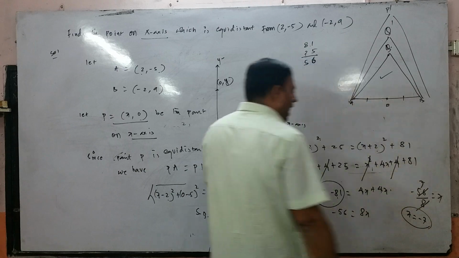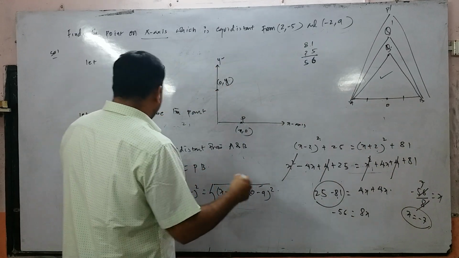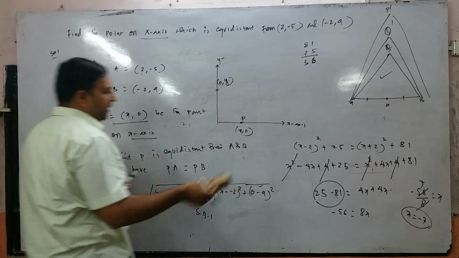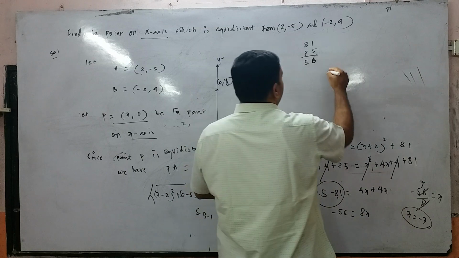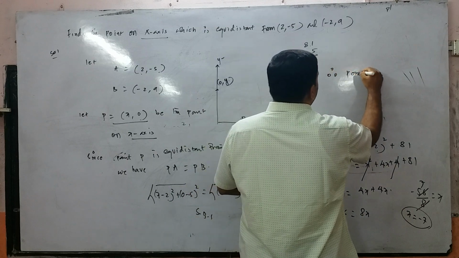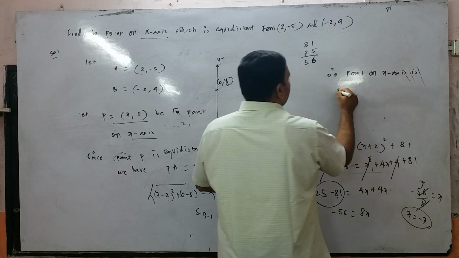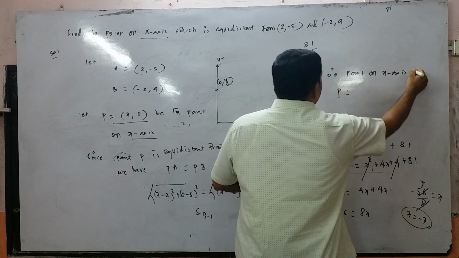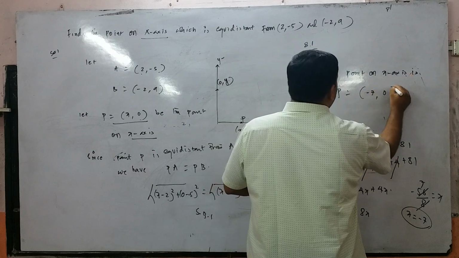Minus 7. So I have found out the value of x. But do I need the value of x? No. I want the point. So when x is equal to minus 7, therefore the point on the x-axis is P is equal to x comma 0, that is minus 7 comma 0.